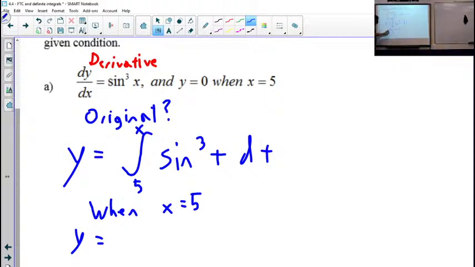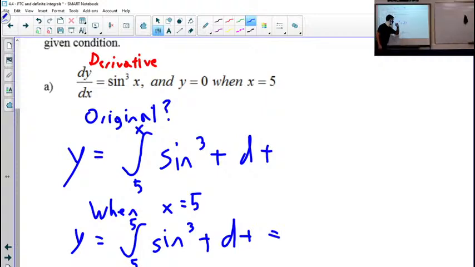Check this out. From 5 to x means that wherever there's an x, I'm going to put in 5. From 5 to 5. And what is the integral from 5 to 5 of that function? This was something we talked about yesterday.